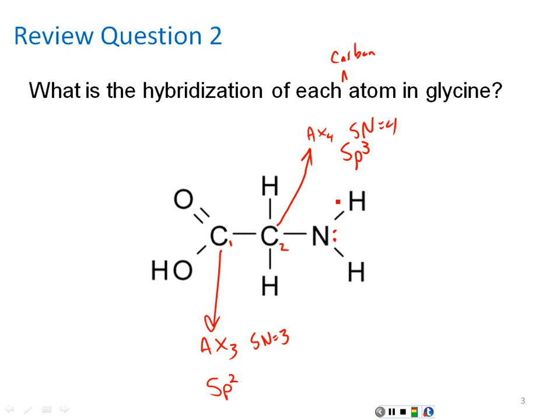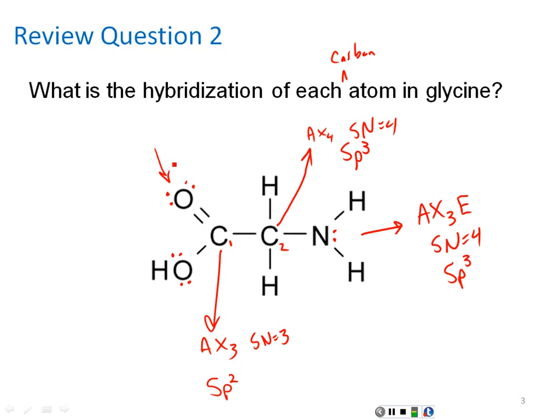And I'll add in the unpaired electrons here, because those are important. So the nitrogen, what is its steric number? Well, it's bonded to 3 other atoms, so that would be an AX3, but it also has 1 lone pair. So its steric number is going to be 4, thus it has to be sp3 hybridized.